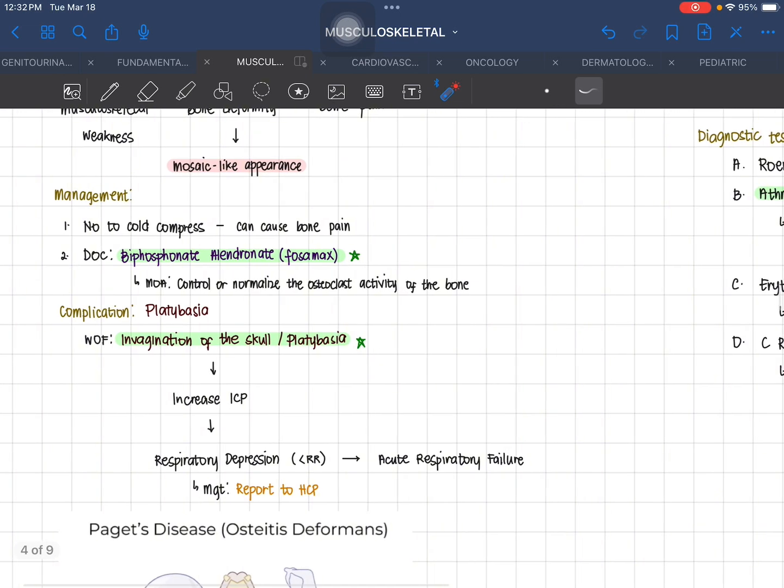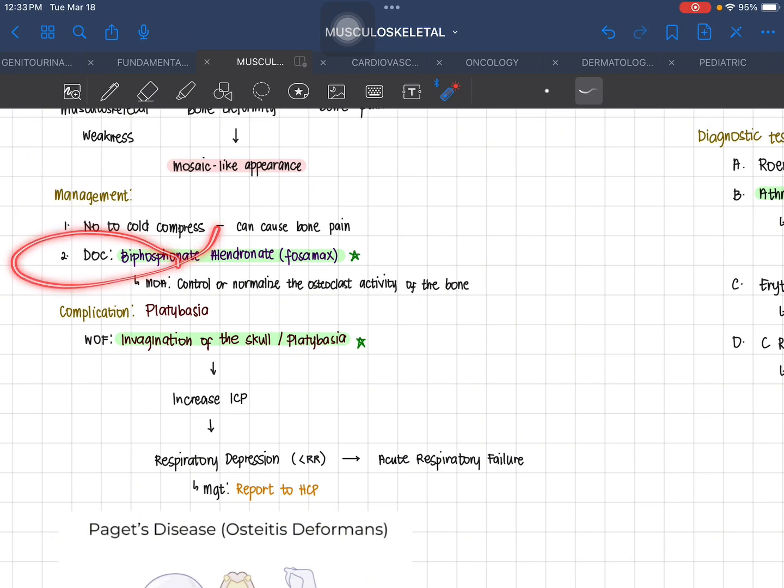So, what is our management for Paget's disease? Of course, cold compress is absolutely prohibited, because when you apply a cold compress, you will feel stiffness right away and experience bone pain. So, no to cold compress in Paget's disease, because it will cause bone pain.